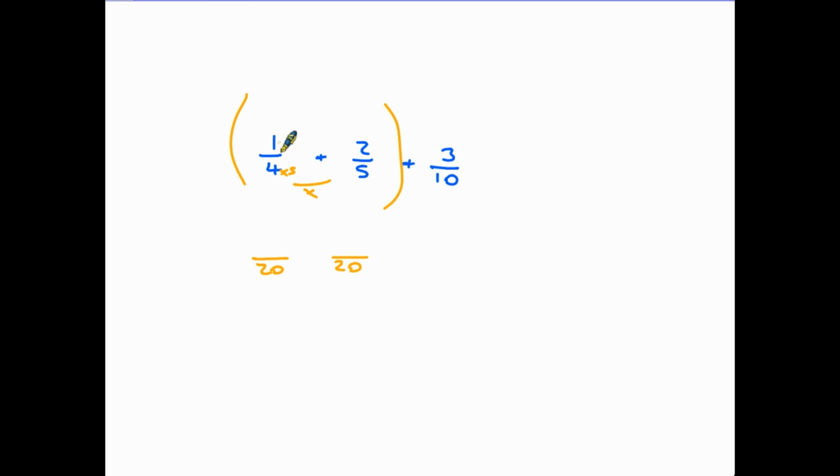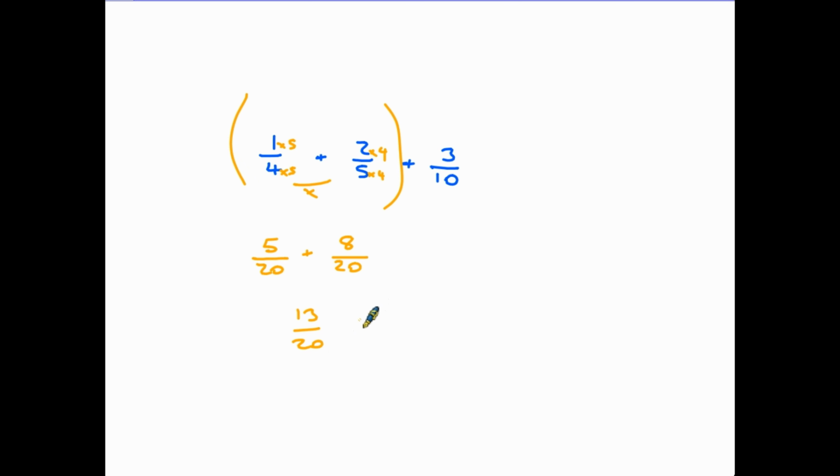We multiplied by 5, therefore the top is 1 times 5, and that's 5. On the other side, how did we get from 5 to 20? We multiplied by the 4, so the top has to be multiplied by the 4, is 8. So we've now got 5 plus 8 is 13 over 20.